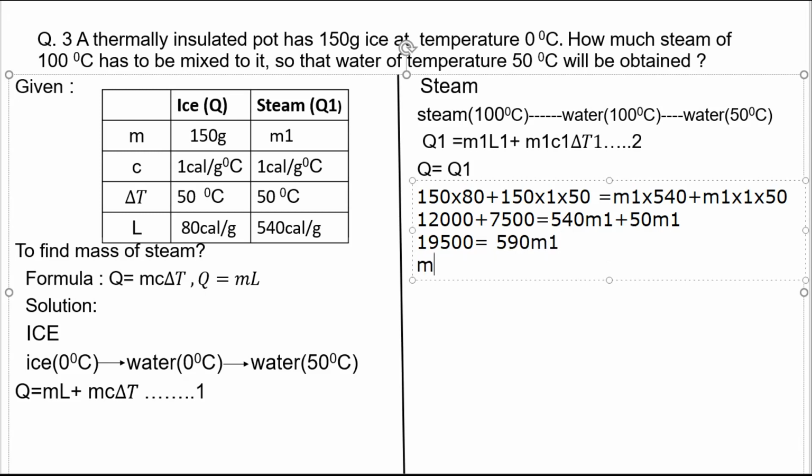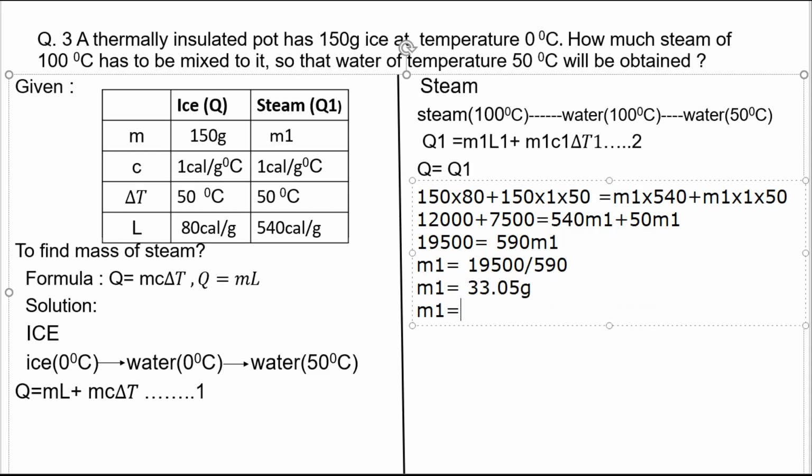We can find out m1 from this: m1 is equal to 19,500 divided by 590. The zeros will get cancelled. We will get 1950 divided by 59. On dividing, we get m1 is equal to 33.05 gram. Or approximating, we can write m1 is equal to 33 gram.